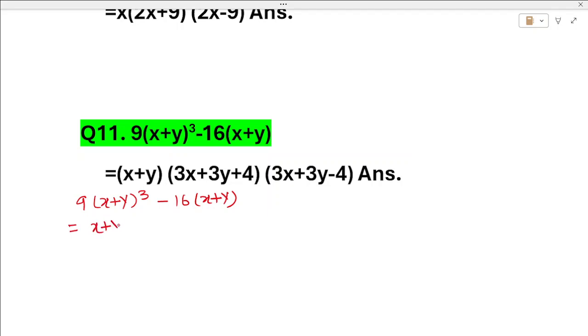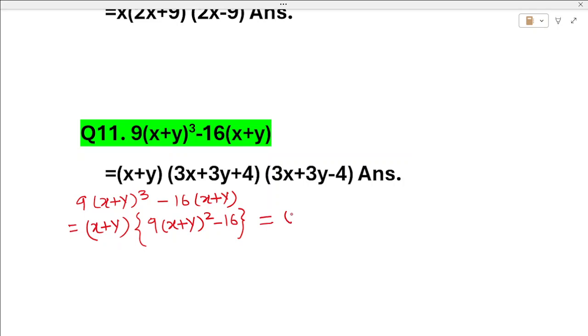I have taken x plus y common because in question number 10 it was x. Here it is x plus y, but the thing is the same. Put a bracket inside the bracket, let us put it like this for your better understanding. This is left inside the bracket.